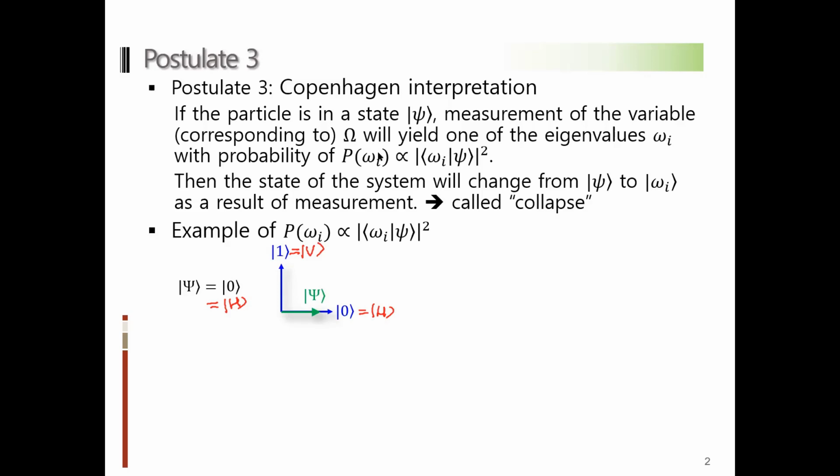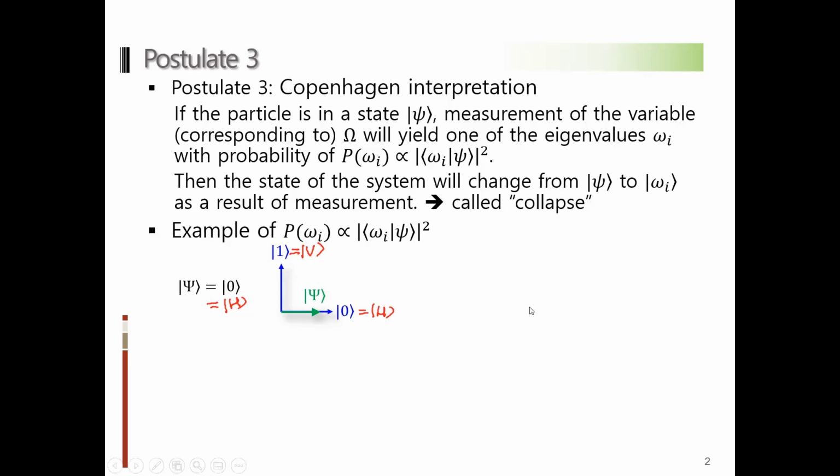So the probability is proportional to one for the zero case, but for the one case, because the coefficient is zero, the probability is proportional to zero, which means we will always measure zero only. And after the measurement, what will be the next state? Still zero, because we measured horizontally polarized light, and it will continue to remain horizontally polarized light. So that's perfect for this description.